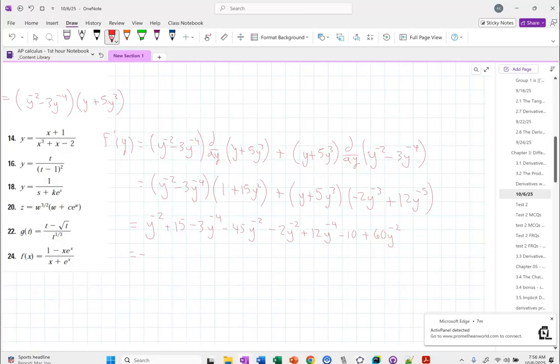So that's negative 44, negative 46, so plus 14, I think. And then I have a negative 3 and a positive 12, so that's a 9. And then I have a 15 and a minus 10, so that's a 5, I think. So there's that.